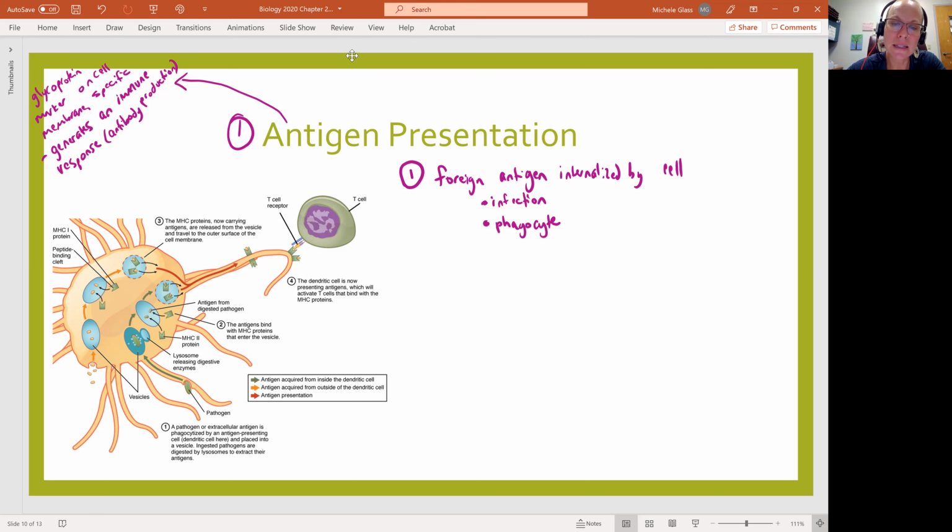So the next thing that we see happening, and I do have a diagram here that we're going to look at together. It looks kind of busy, so just keep your eyes off that diagram for a minute if you can. The next thing that we see happening is the cell, so this could be your phagocytic cell, or this could be your infected cell, is going to break down the pathogen.